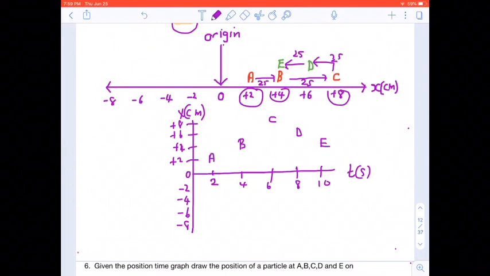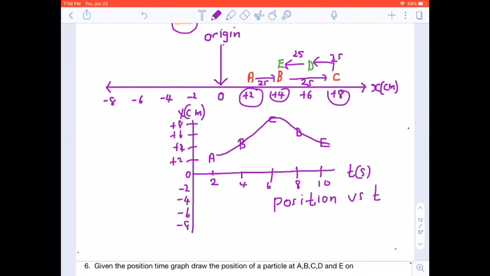And if we now look at this, we find that that curve indicates the motion of this particle as a function of time. So this is essentially a position versus time graph. So what's important?